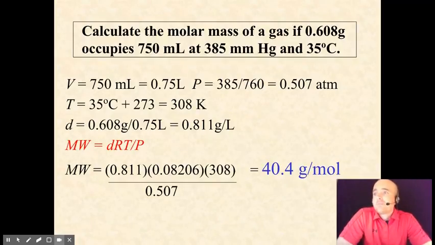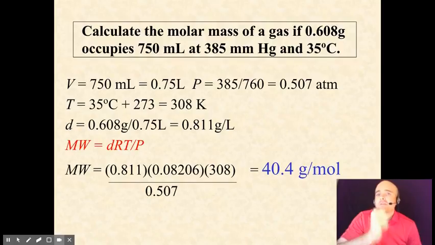I can calculate the molar mass of a gas if I have 0.06 grams and it occupies 750 milliliters at 385 millimeters of mercury at 35 degrees Celsius. So there's a couple of things I have to convert right away. I have to convert 750 milliliters to liters, because I always want my units to be liters when I use the ideal gas equation.